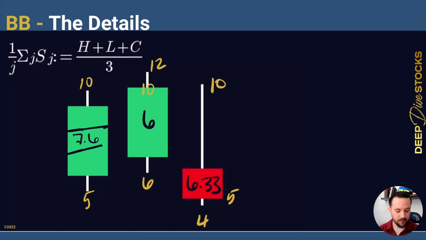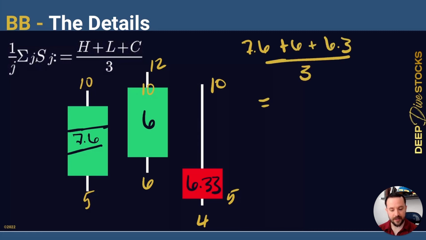6.33. So if we wanted to calculate what the current average price is, we would simply add these three up and then divide by 3. So we get 7.6 plus 6 plus 6.3 divided by 3, and that gives us 6.63.